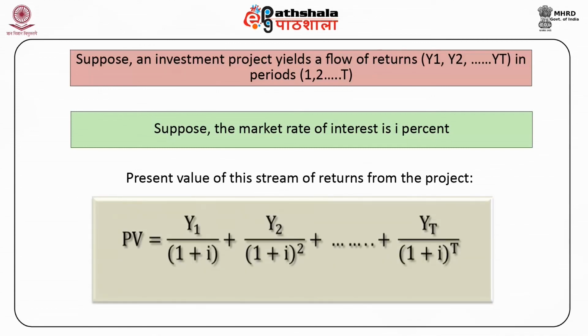Present value is equal to y1 upon 1 plus I, plus y2 upon 1 plus I to the power 2, plus so on till yt upon 1 plus I to the power t.